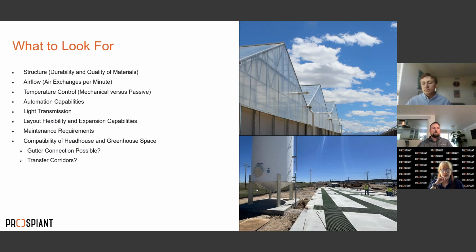So we'll talk a little bit about what to look for in a greenhouse in the next slide, but some things that we might touch on here are the other ancillary buildings for the commercial operation. We talked about the fish house, we talked about the head house, and we talked about the processing area. A lot of times we build these out of the same substructure, same framework as the greenhouse.